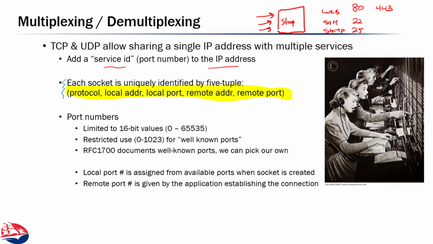These 5 numbers, which we call a tuple, are the protocol, which is either UDP or TCP, the local address, for example my computer, and my port number, and then the remote address and Sloop's port 22.